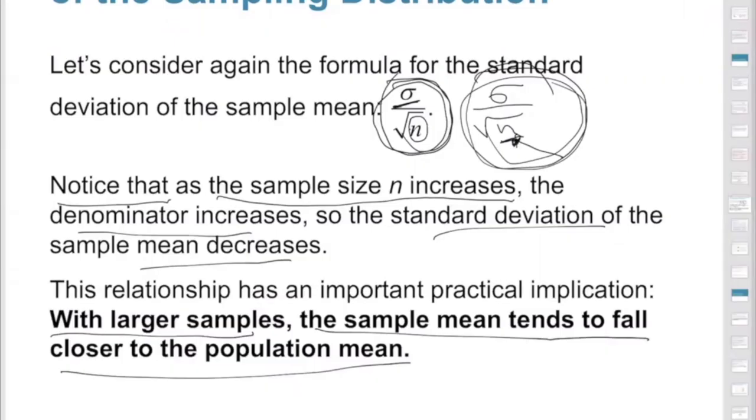So any sample mean you calculate will be close to the population mean, and this is our target, because in most cases you don't know the population mean, you estimate it from the sample. Okay.